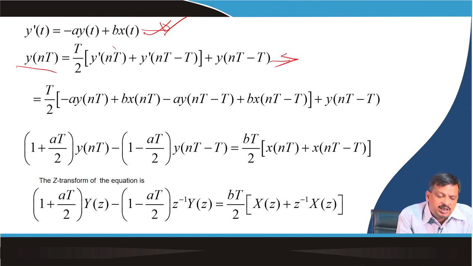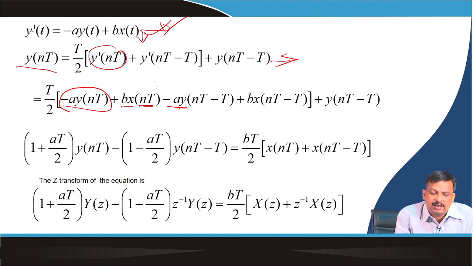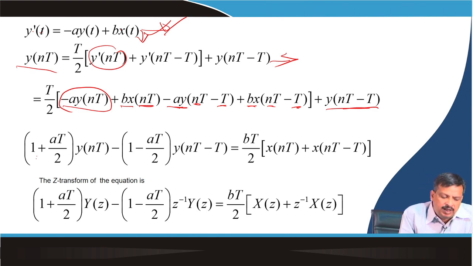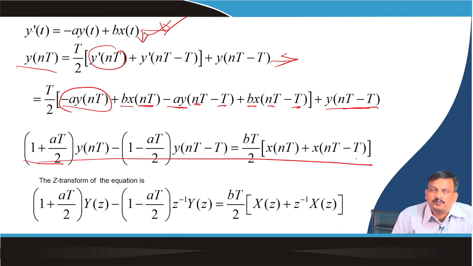Now, instead of this one I replace by this one. So I can say y prime nT is nothing but minus a y(nT) plus b x(nT), plus minus a y(nT minus T) plus b x(nT minus T), plus y(nT minus T). Then I can say y of nT, just simplify this one.